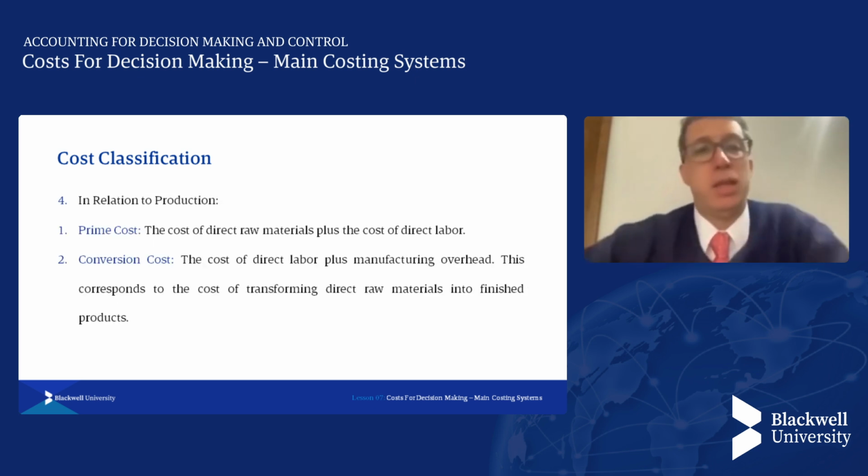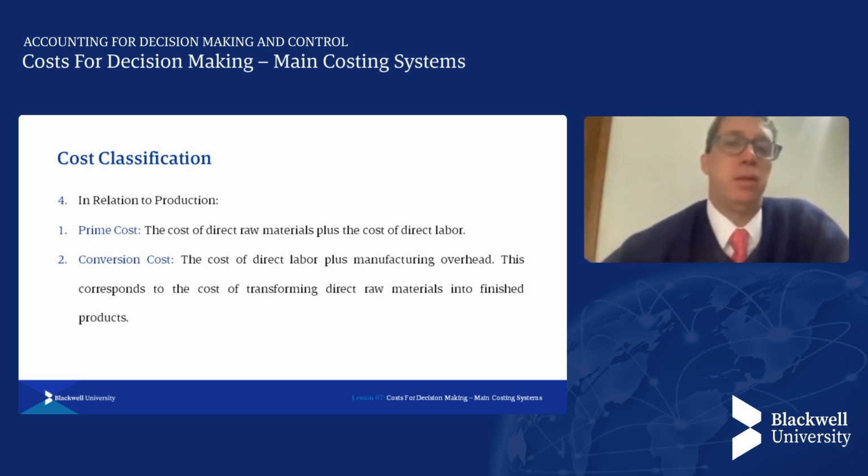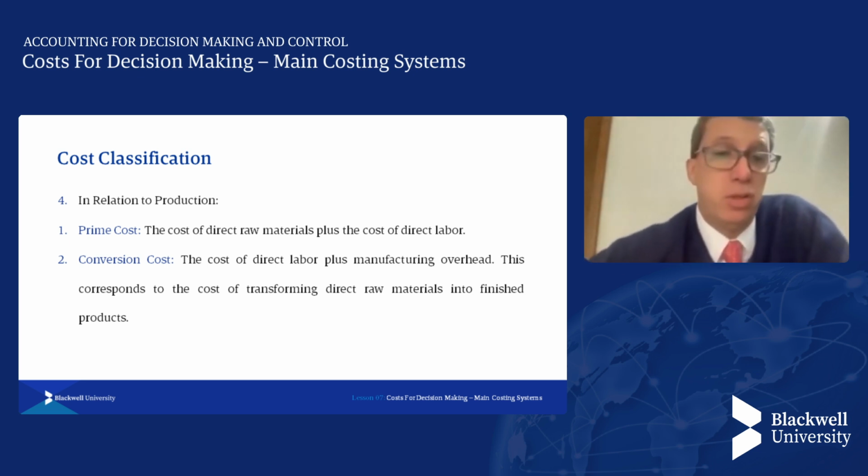Another distinct way to classify costs is related to production. For example, prime cost, which is essentially the cost of direct raw materials plus the cost of direct labor, or also the conversion costs, which are the cost of direct labor plus manufacturing expenses.